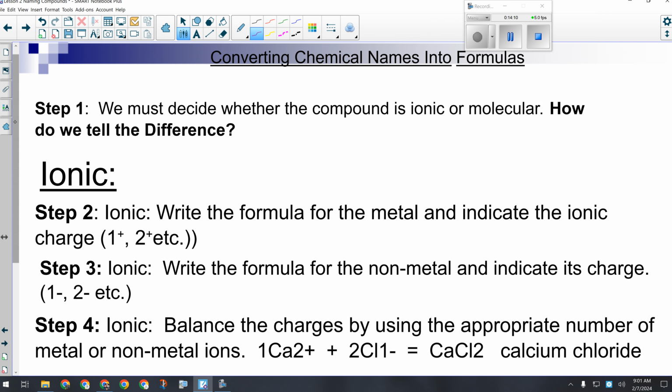How do I know the charge of the metal? Does it tell me that somewhere? I see you pointing at it. Top right corner of every box on your periodic table. Okay? Top right corner here, this is the charge, this is the charge, this is the charge, that's the charge. You can always look up the charge on the periodic table.